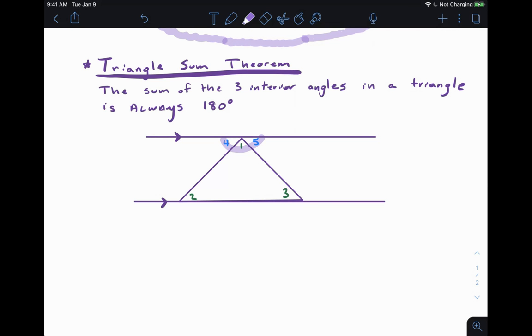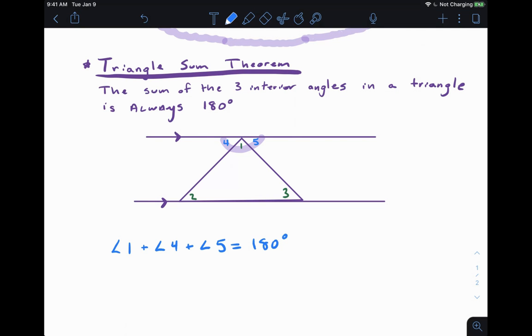We don't know what they are individually, but we do know that they form a straight line together. So we can say that angle 4, angle 1, and angle 5 are supplementary, which means they add up to 180 degrees. So I know that angle 1 plus angle 4 plus angle 5 is equal to 180 degrees.